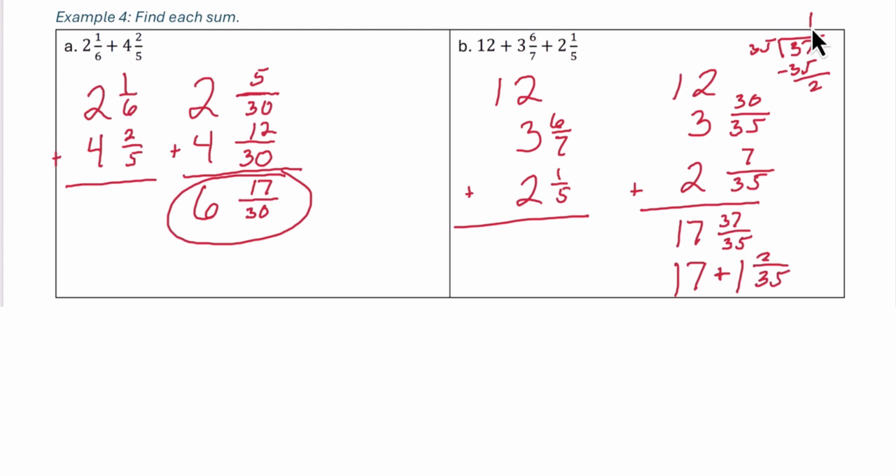Remember, the quotient is the whole number, the remainder is the numerator. Now we're adding these two. We just need to add the whole numbers. 17 plus 1 is 18, and we'll keep the 2/35.